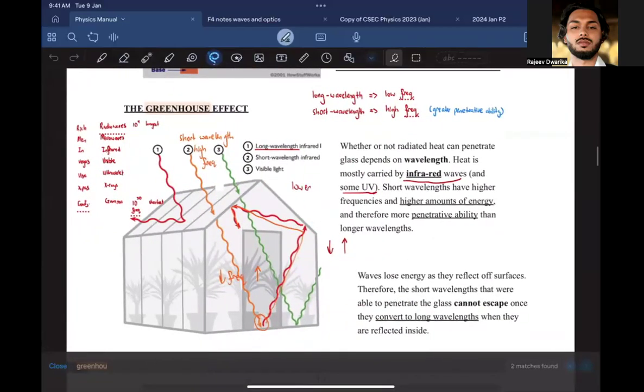All right, so let me look at the greenhouse effect real fast.